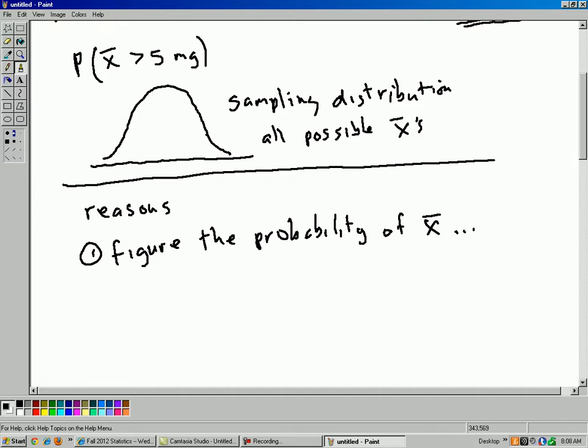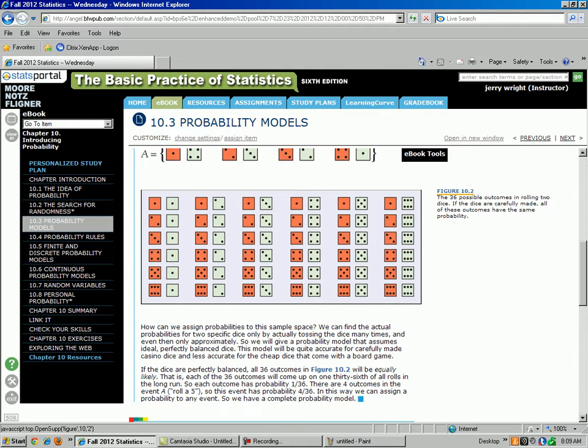If we want to know the probability that x bar is greater than 5, we have to figure out where that is on here. Let's say the mean is 3. Once you know your standard deviation, you can figure out the area where x bars are greater than 5. Just like back to our dice chart, if we want to know the probability of x being greater than 5, we shade in the region where all the x's are greater than 5, like 5 and 1, 5 and 2, and so forth.